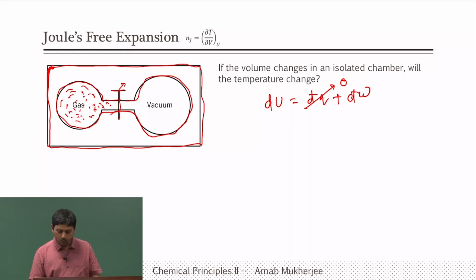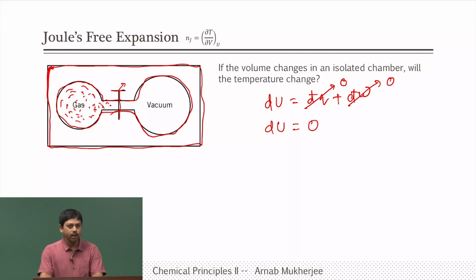And we know that in a free expansion process dw is also 0, right. So dU is going to be 0. Now if dU is going to be 0, then do you think the temperature is going to decrease? This is what we are going to understand today, what is going to happen in this particular process.